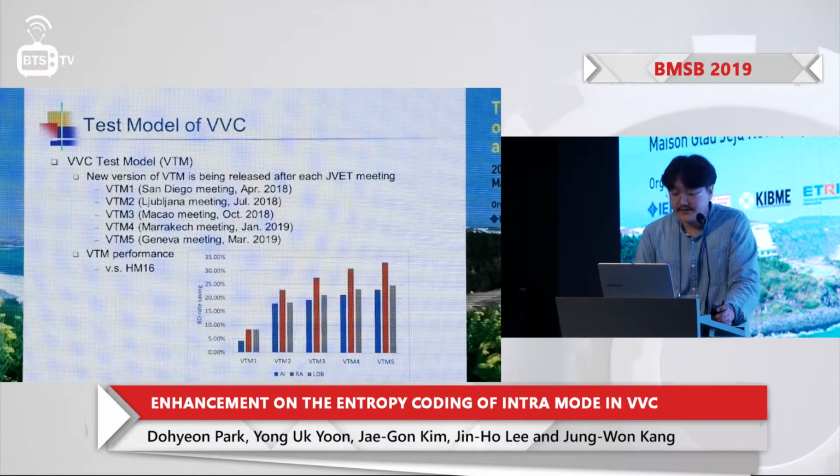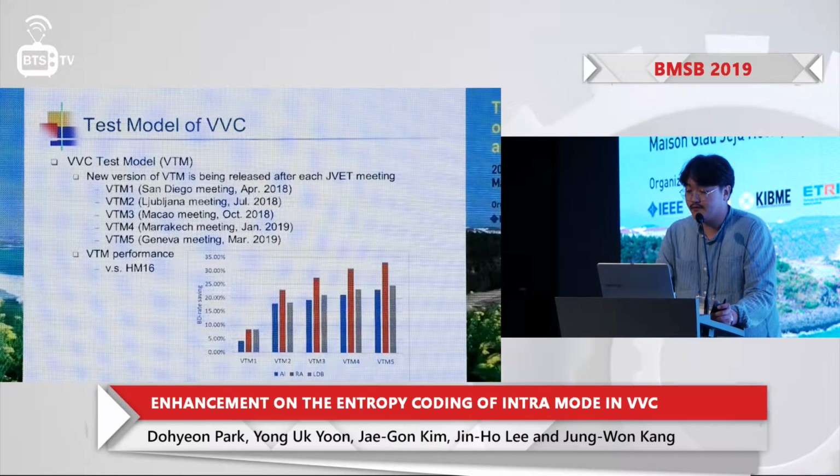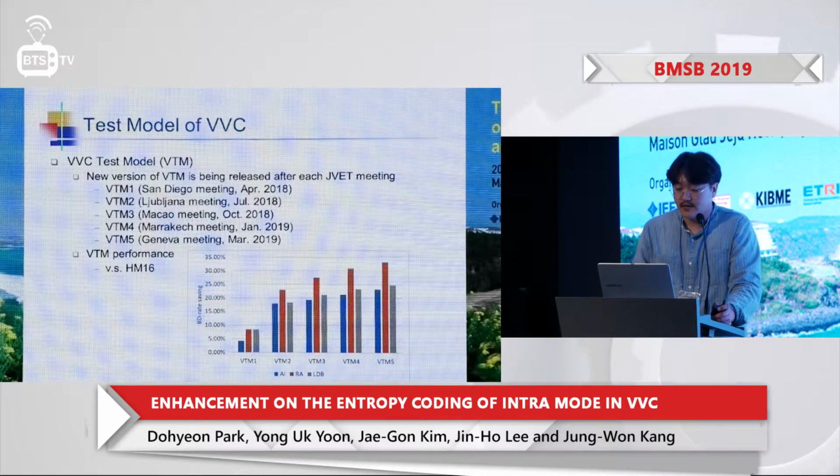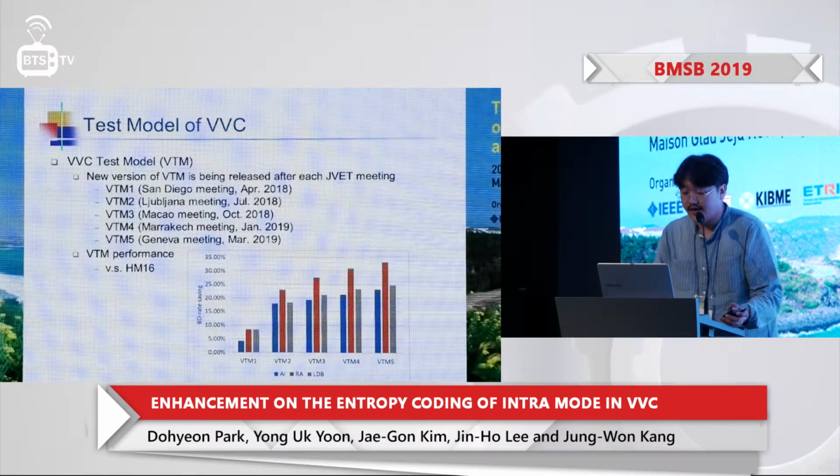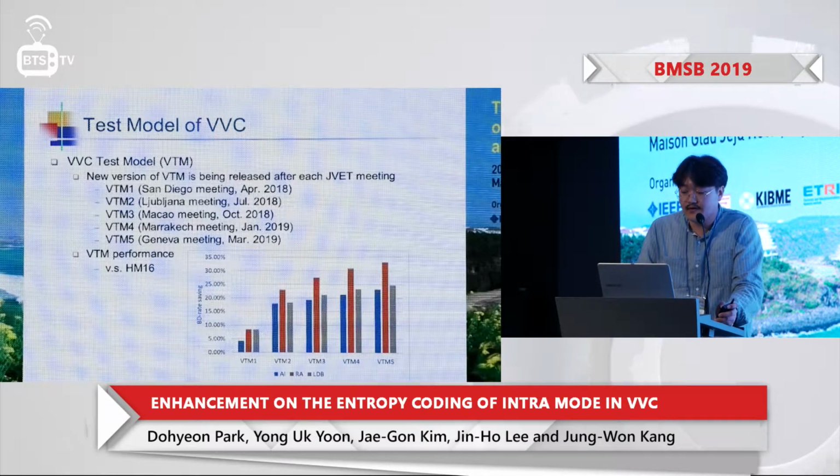The graph below shows the performance of all VTMs released until now. The performance is measured over the HM16 of HEVC reference software. The x-axis represents the VTM version, and the y-axis represents the saved bit rate.